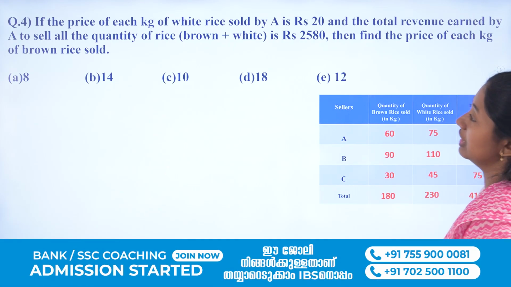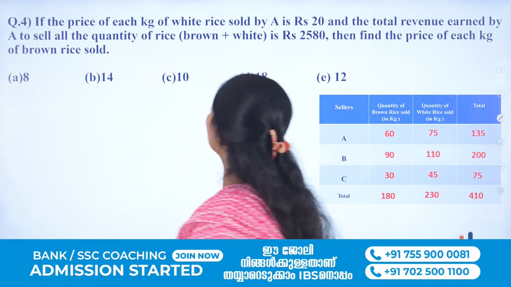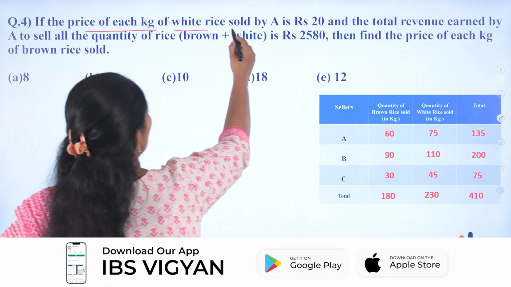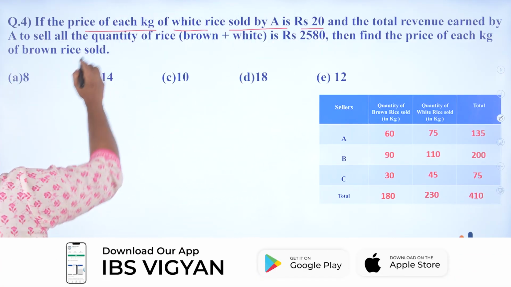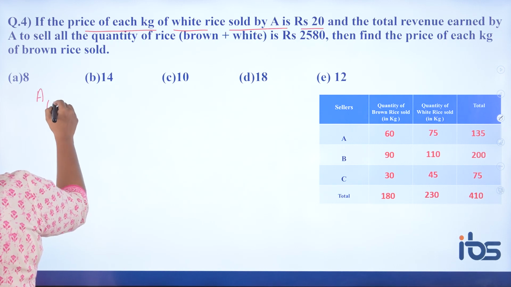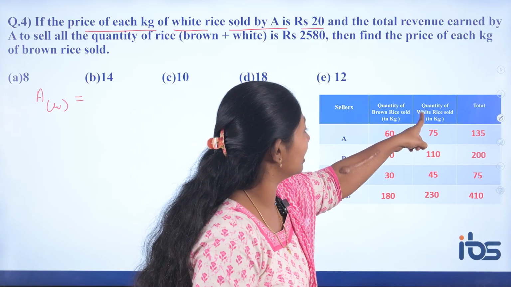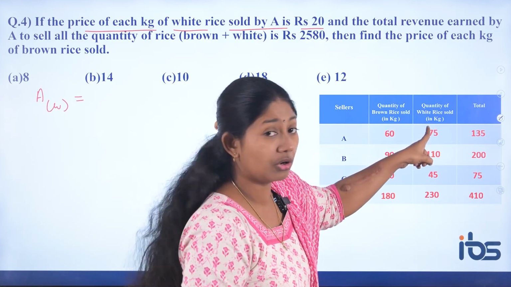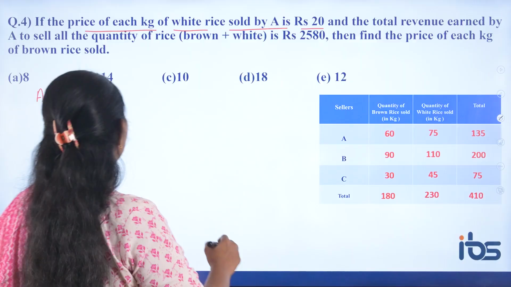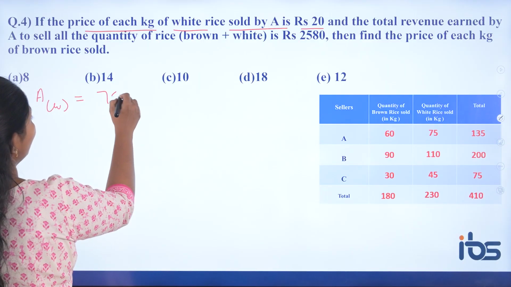So next, if the price of each kg of white rice sold by A is rupees 20. How many kgs of white rice has A sold? The quantity of white rice for A is 75 kg.